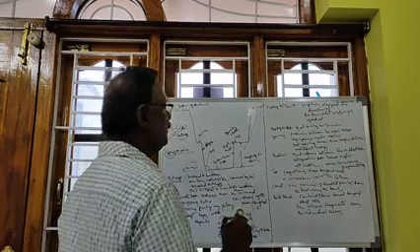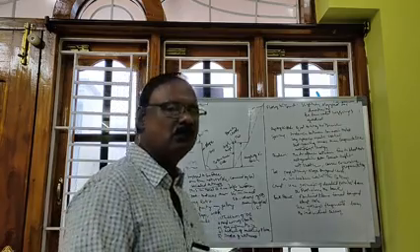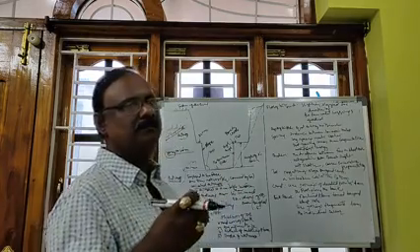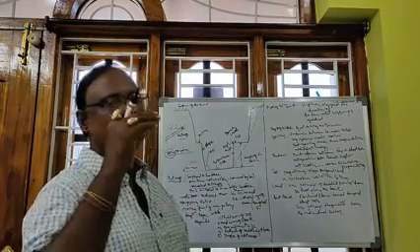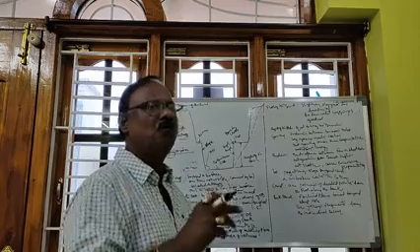The next is the overburden. As we discussed, the coal is available below 50 meters, and over the coal, the waste rock material is there. That particular waste rock material is called overburden.